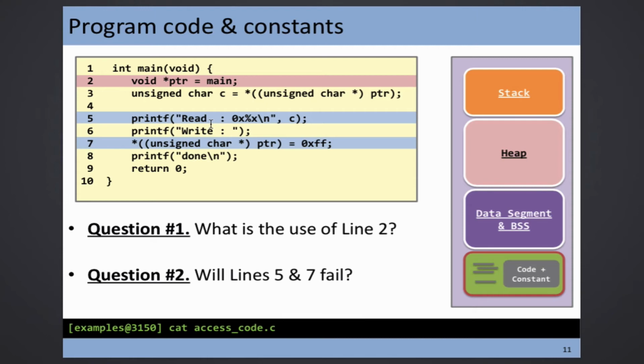So why do we need to cast it to char? Many people ask me a lot. Every year people say, oh, why are you using char? Why can't you use integer? Basically, I want to access the function body, the function code, byte by byte. So I use char. And why unsigned? Because I may find a byte which is bigger than 127.